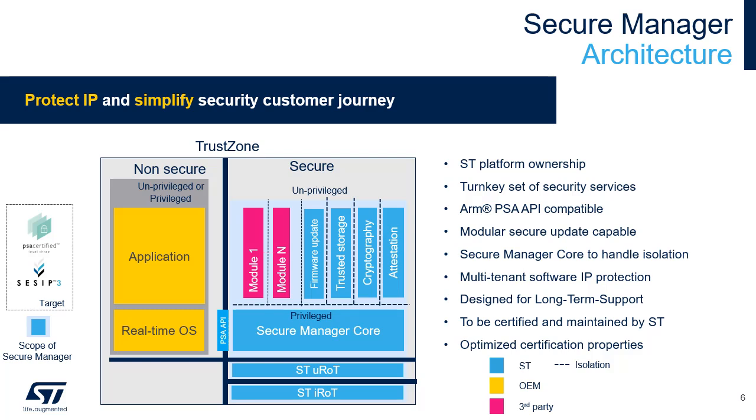The Secure Manager core, secure services such as cryptography, initial attestation, trusted storage, and firmware update. Additionally, trusted applications, also called secure modules, can be added by the user but are not part of the Secure Manager.